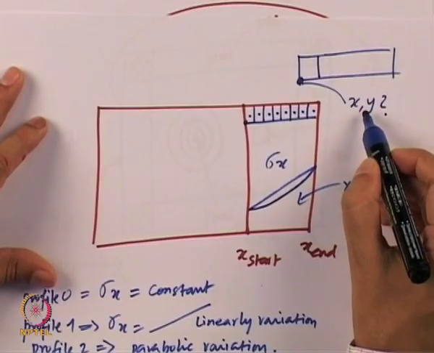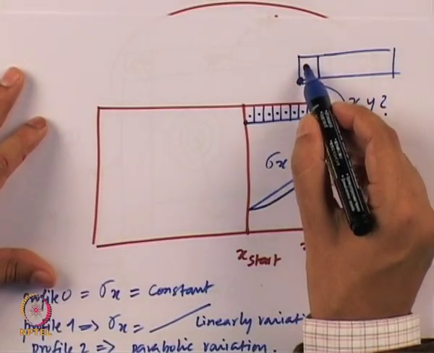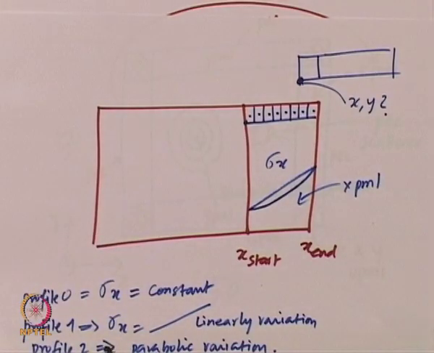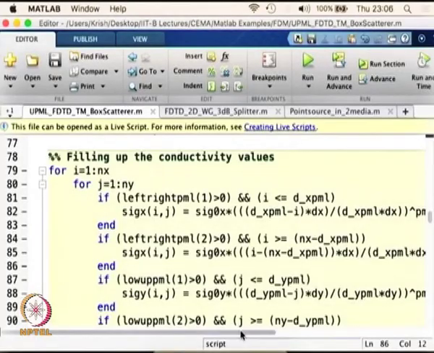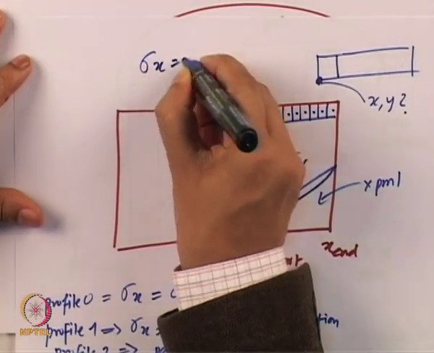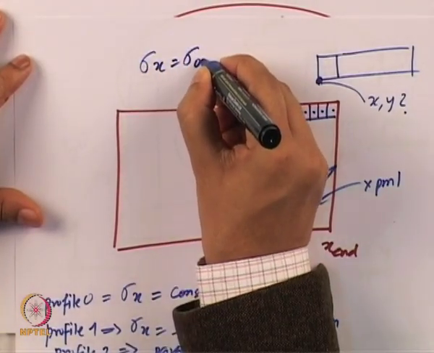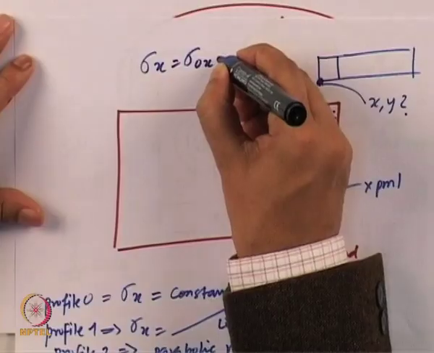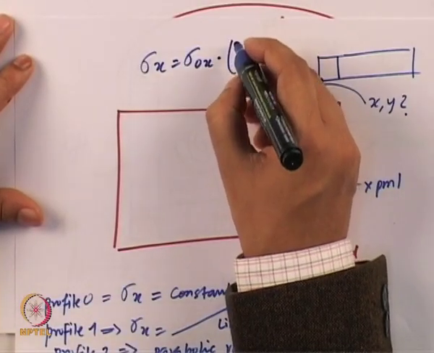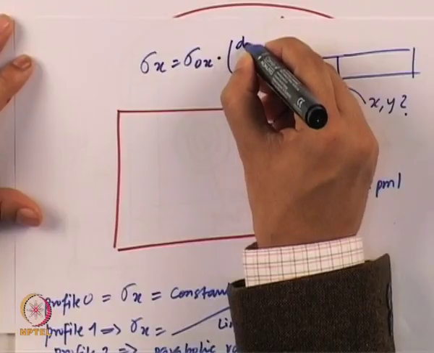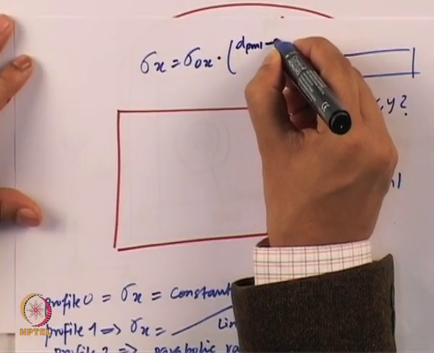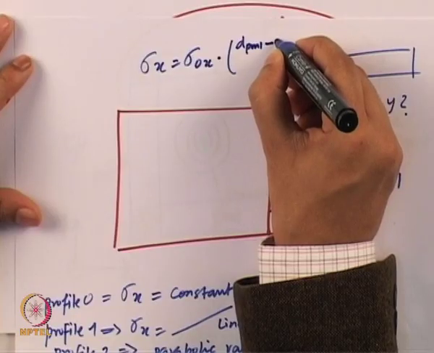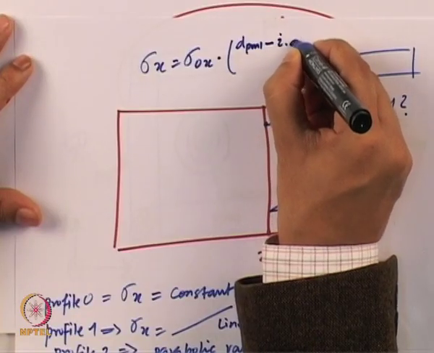The moment I know the x and y coordinate, I can assign the value for the conductivity using this particular equation. So I am saying the value for the PML sigma x is equal to sigma naught x, the maximum value, multiplied by dPML minus the coordinate I multiplied by dx.